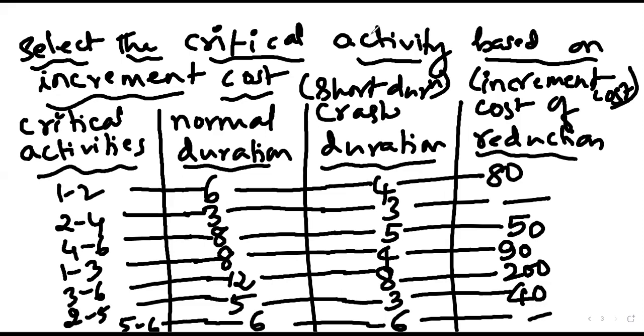Okay. Any other answers? One person says that we have to select the least reduction cost, 2-5. Correct. So 2-5 itself is supposed to be selected. The reason for that is this is the least possible reduction cost.